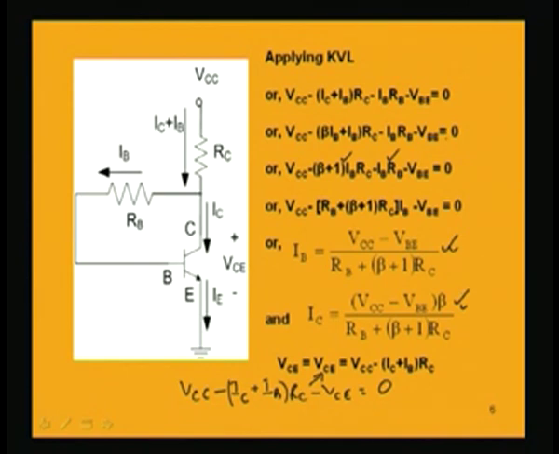So, let us find out how the change of beta is going to affect the collector current. In this expression, it is very clear that beta is there in both the numerator and denominator for IC. So, definitely it is very sensitive to beta variation.